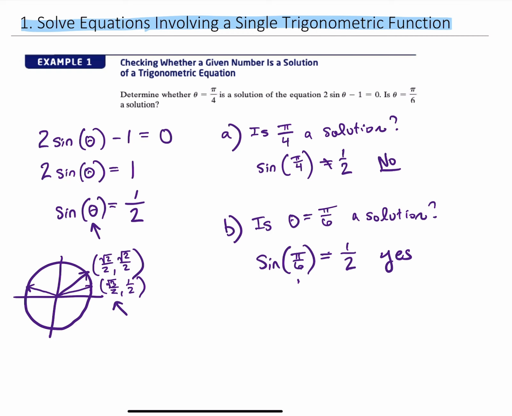So this is not the only solution. It's not a unique solution. There are infinitely many angles that will make this original equation true. We'll think about how to describe all of those possible solutions. But in this case, they give us a single value and ask if it is a solution or not. So yes, pi over 6 is a solution to the equation.